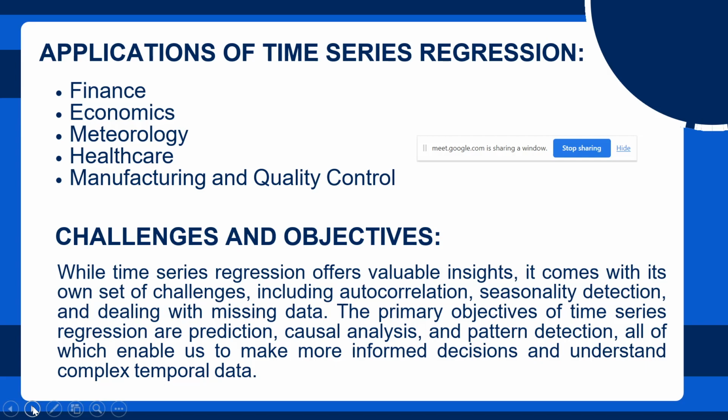And next, the primary objectives of time series regression are prediction. For prediction, the aim is to forecast future values of the dependent variable based on historical data and the relationship between the predictor variable and causal analysis. It seeks to understand and quantify the causal relationships between variables, helping researchers and analysts identify the factors that influence the observed trends and pattern detection.